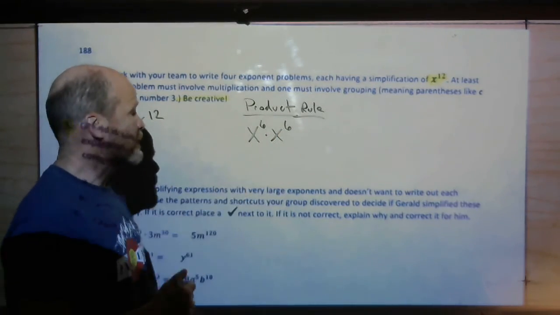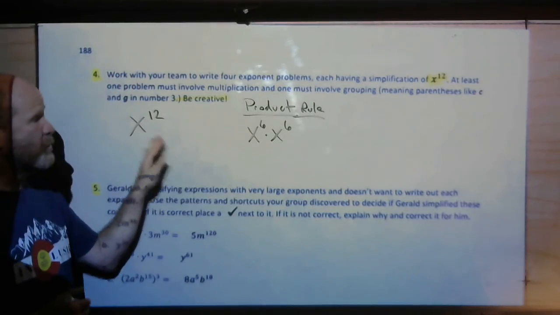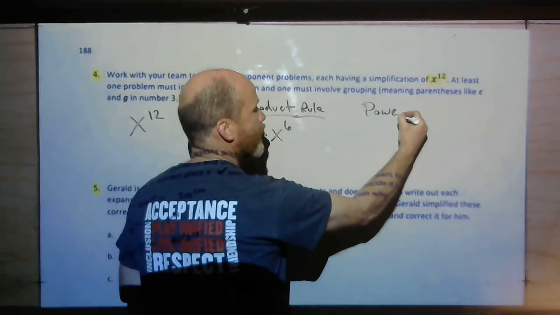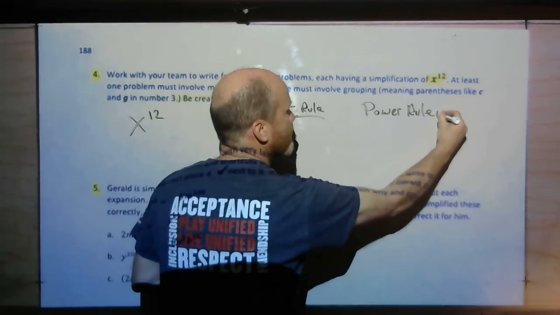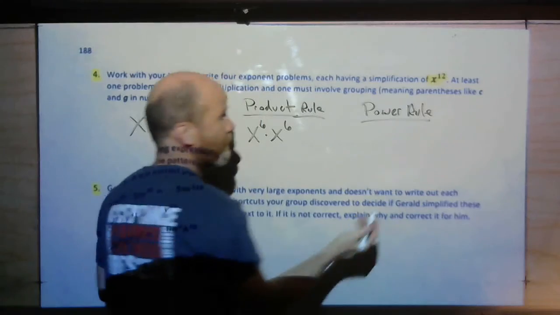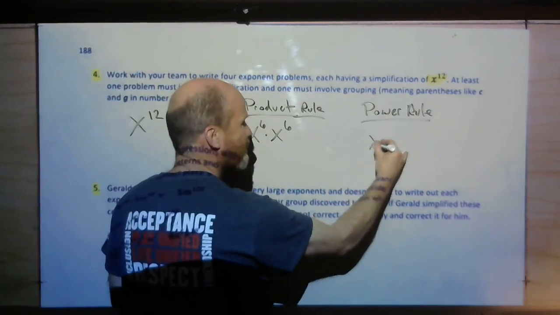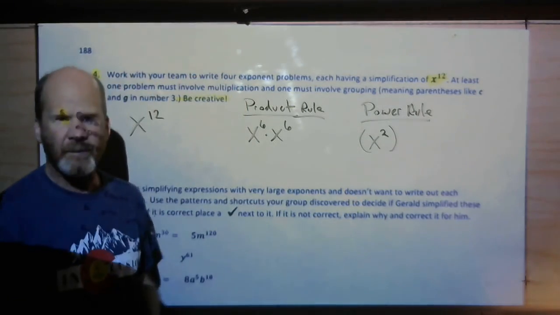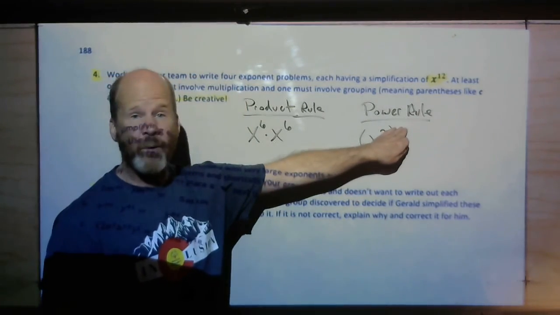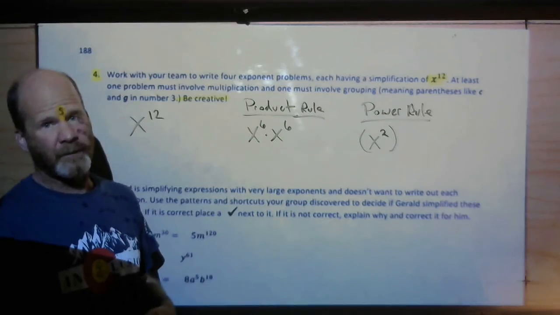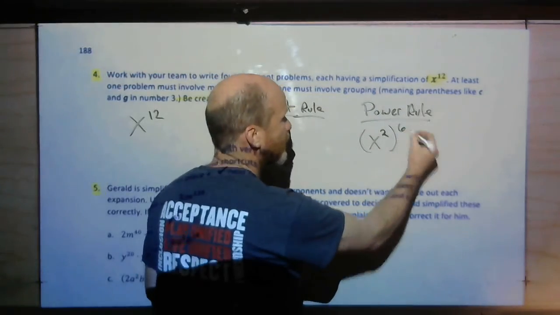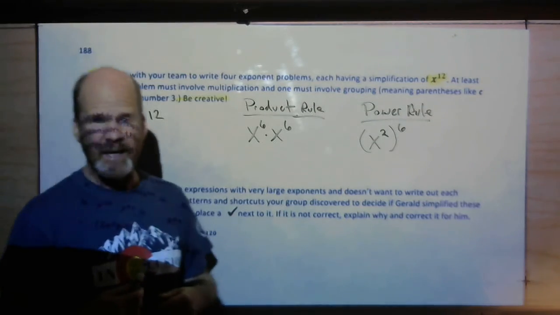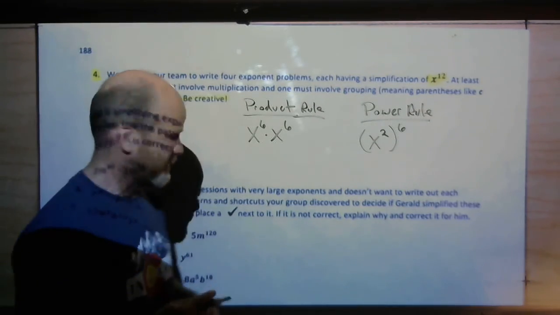I'm adding my exponents, so that would equal x to the 12th. Now if I wanted to do my power rule, remember this involves parentheses, I'm going to do x squared, put parentheses around it. Now I need to come up with a power that's going to give me x to the 12th. Well, 2 times 6 is an example of a power rule that would give us x to the 12th if we simplified that expression.